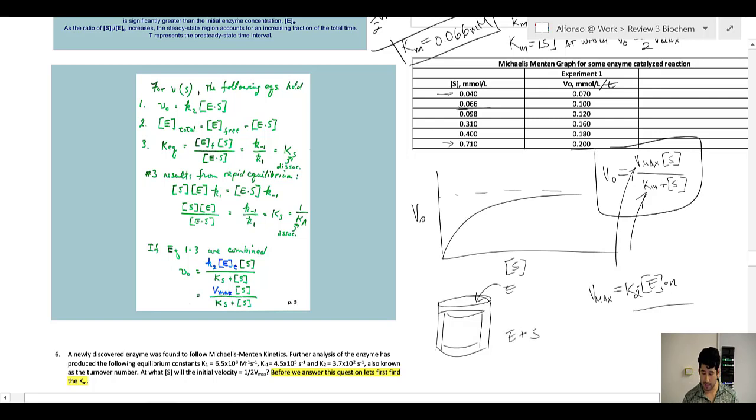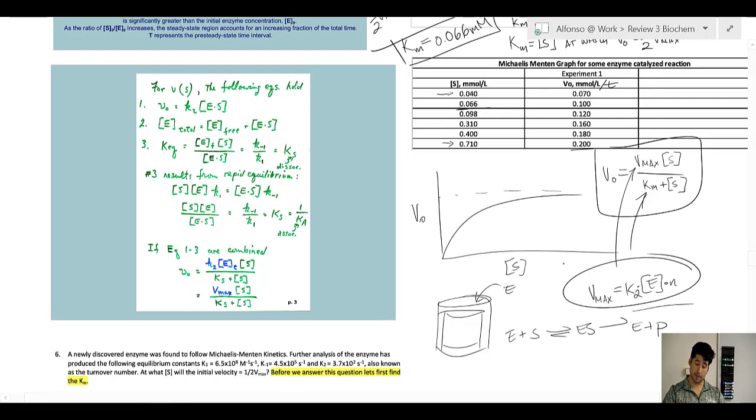Because the enzyme reacts with the substrate, forms the enzyme substrate complex, and then forms enzyme plus product. So the amount of enzyme is constant, therefore Vmax is constant. Km is also a constant, and as you increase the amount of substrate, your velocity increases until you reach Vmax. Alright.